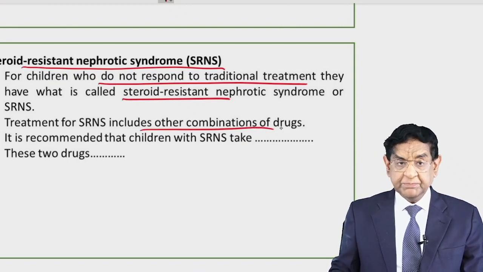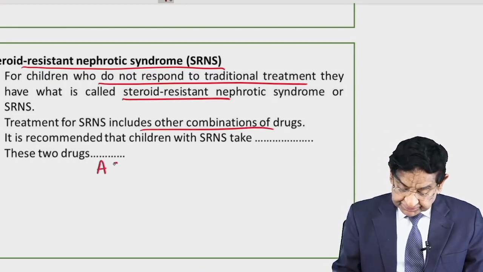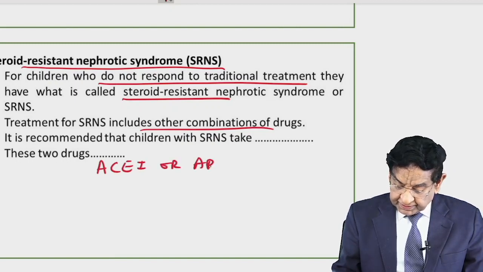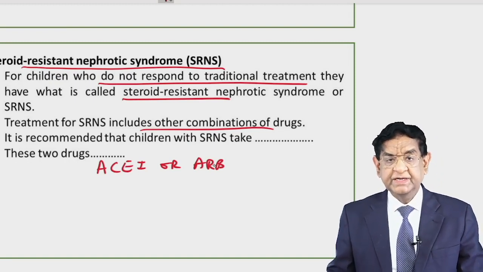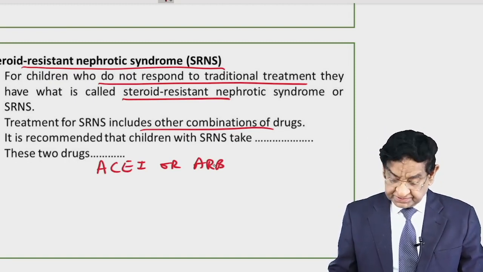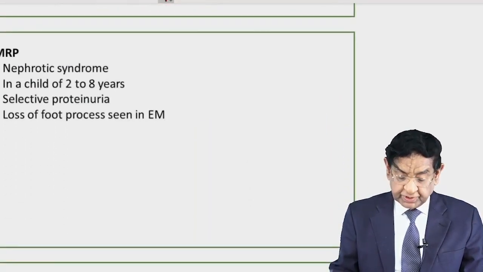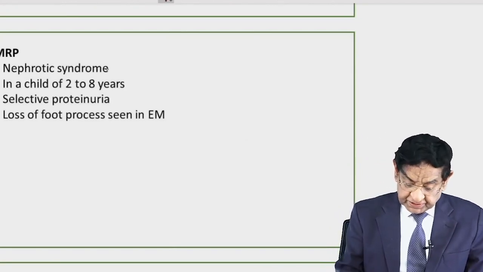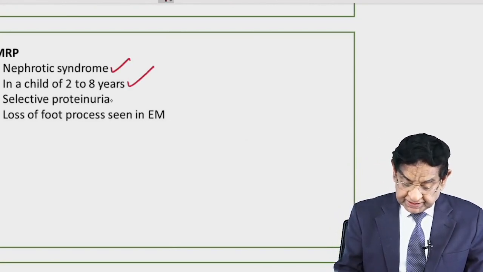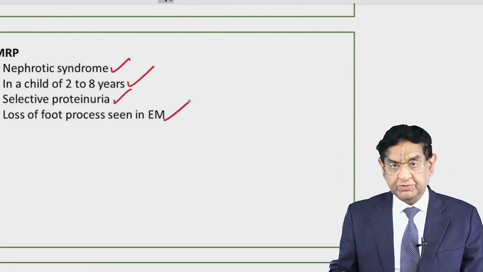But we should also add ACEI or ARB, that is angiotensin converting enzyme inhibitors or angiotensin receptor blocking drugs. They reduce proteinuria in these cases. So a quick recap, the last minute revision point: nephrotic syndrome in a child of 2 to 8 years, selective proteinuria, loss of foot processes seen in electron microscopy.